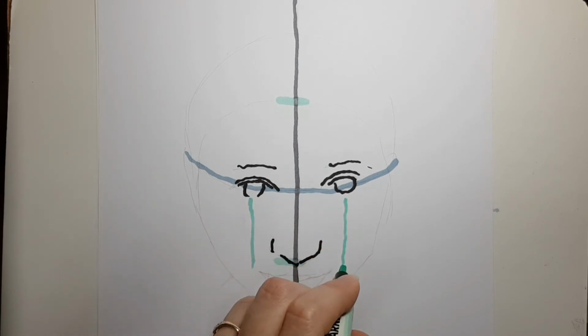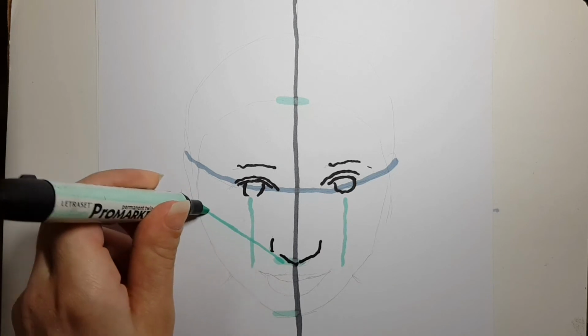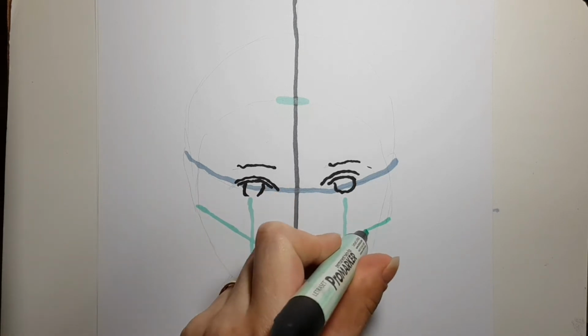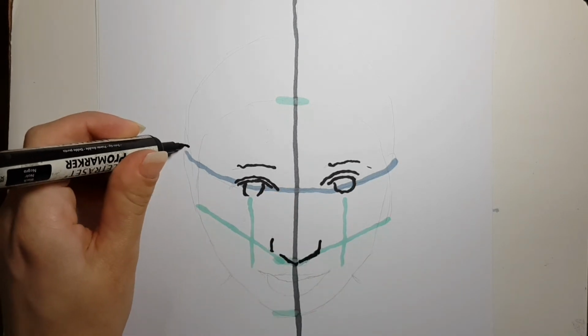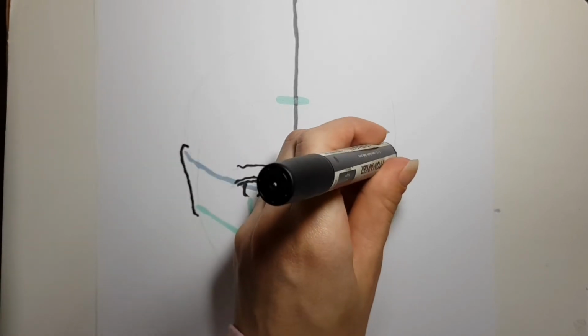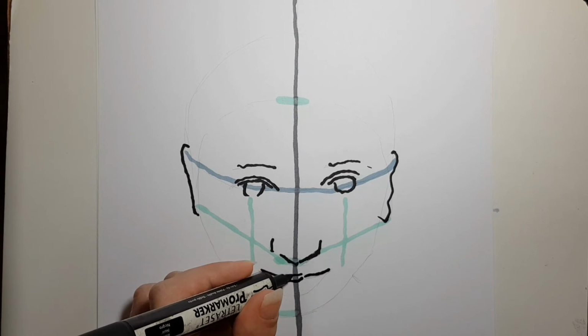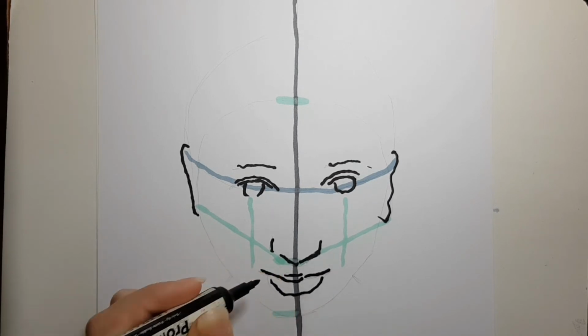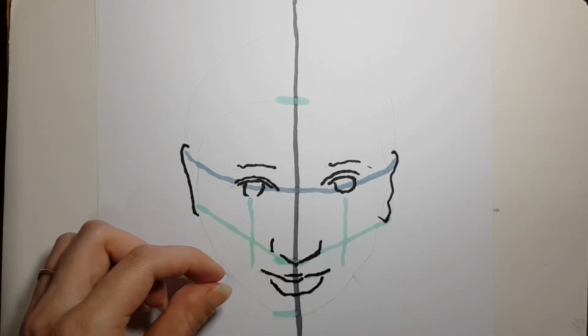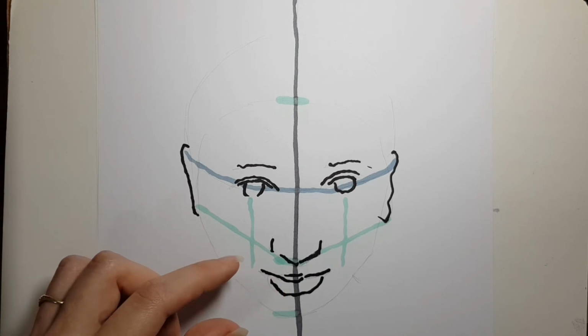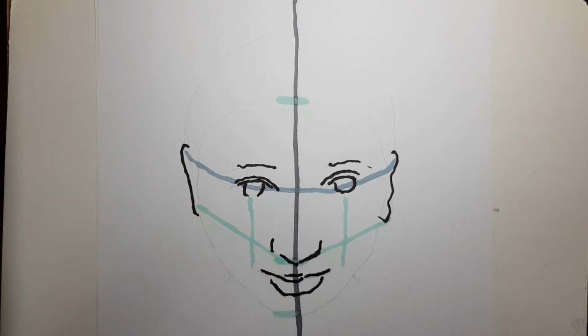When drawing the ears, they will be higher than the nose because the head is rotated. The upper lip looks thinner and the lower lip will look wider. The mouth will curve more and the edges will be higher.